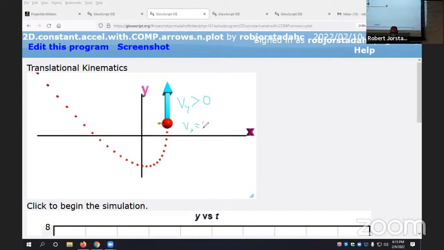You agree? It's not moving much left and right. And notice here, it's kind of hard to see, but a_y is greater than 0. a_x is 0. Sorry, that's sloppy. So far, so good. Let's look at this in the code and see what it looks like.